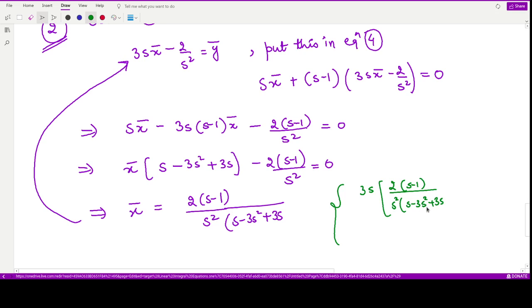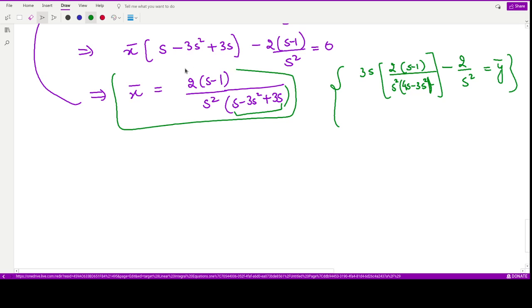So this expression becomes 4s minus 3s square. Okay, and this is the value of x bar. So we have (3s x bar minus 2) by s square, that is equal to y bar. So we can simplify this.